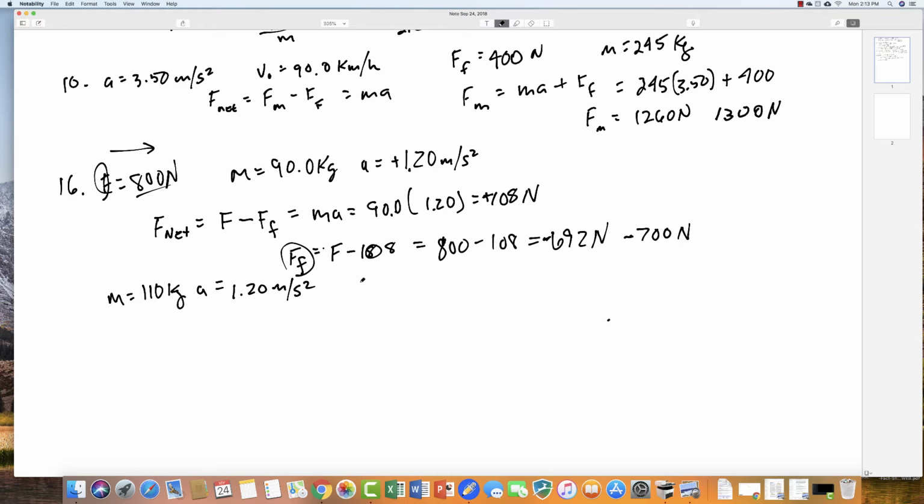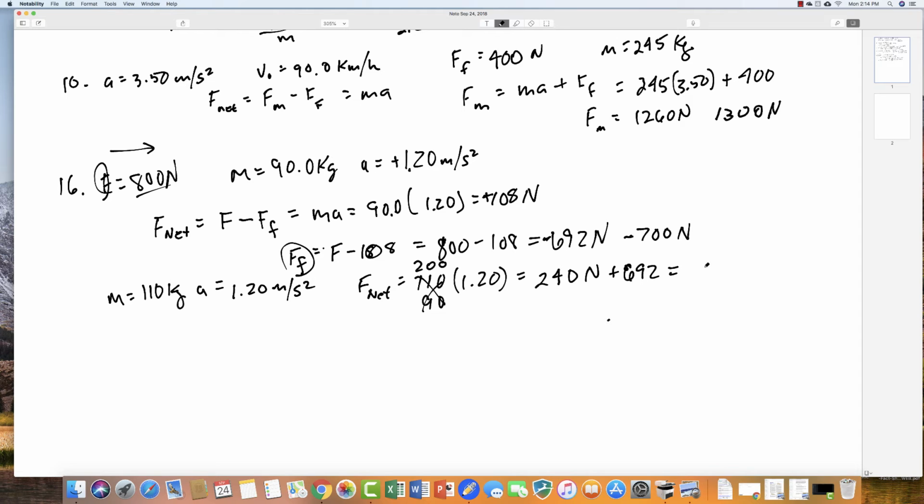And so he's going at the same acceleration as the other player is. And so his F net is going to be 200 times 1.20, which is 240 newtons, plus the friction, overcoming friction, 692 newtons.